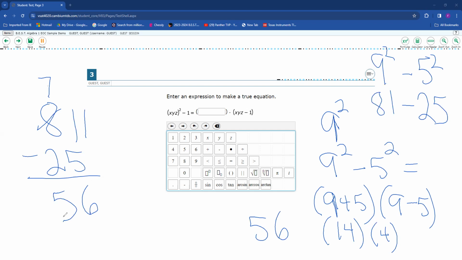So now what does that mean with this? What they're doing with xyz squared minus 1 is really minus 1 squared. They want us to do what we did here.